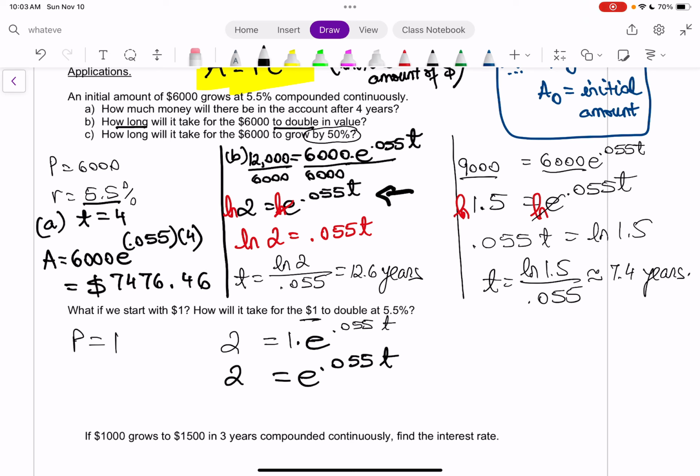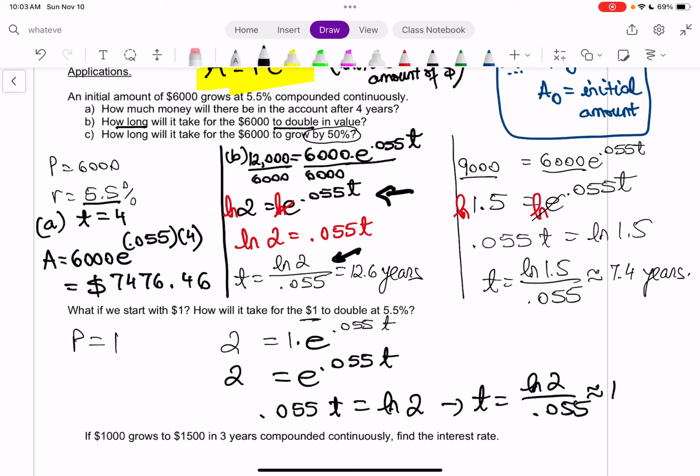Okay, so actually the point of this next problem, so again, 0.055t will equal the natural log of 2, and then t is the natural log of 2 divided by 0.055, which as you see is the same exact equation that we solved above.